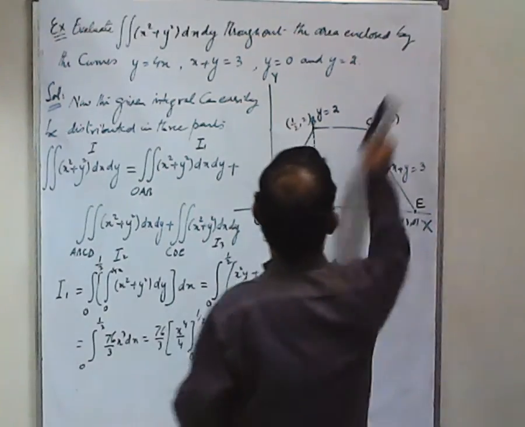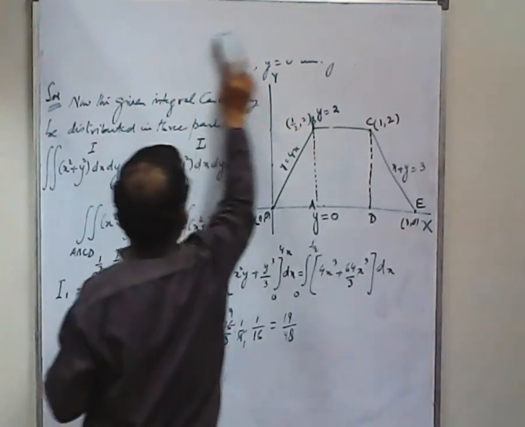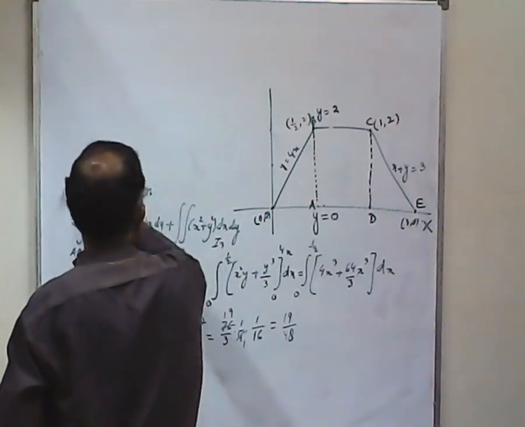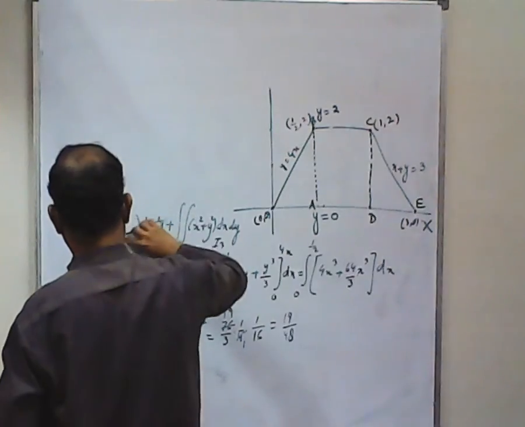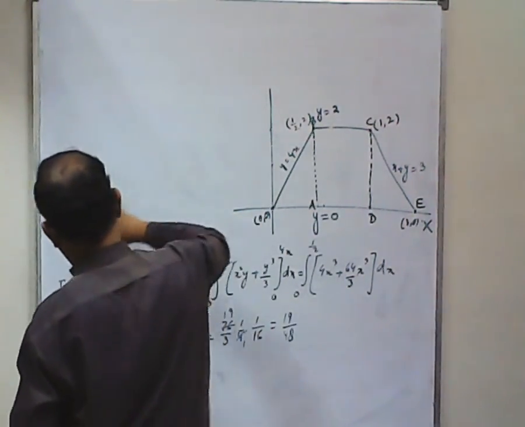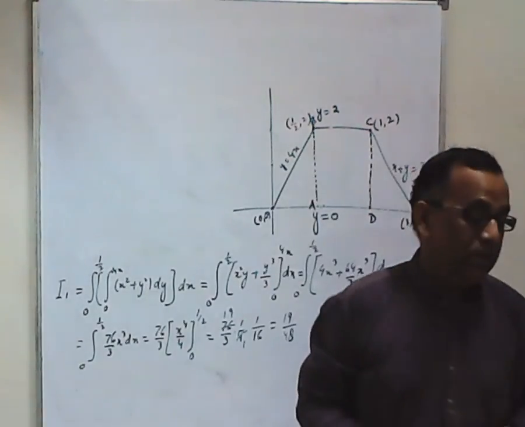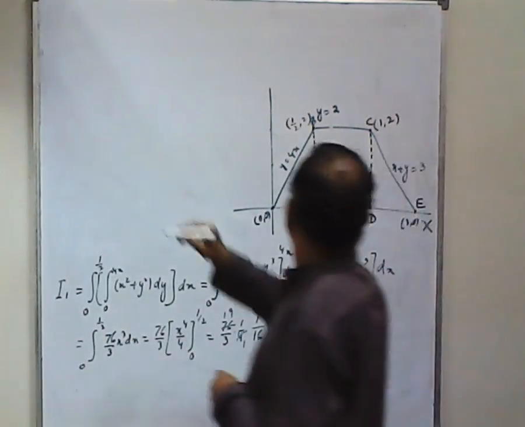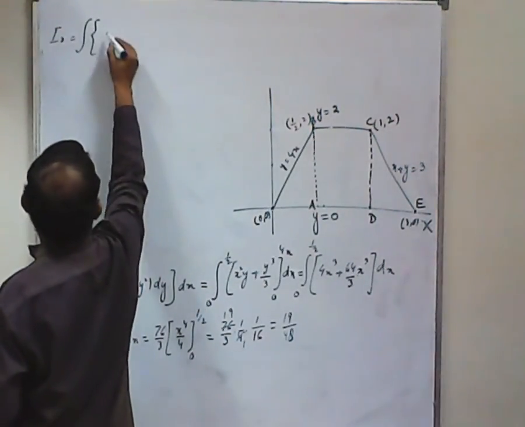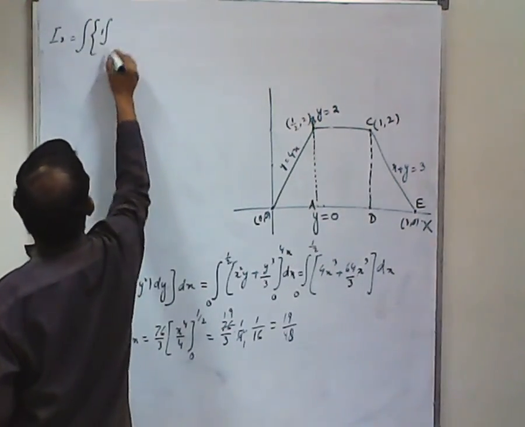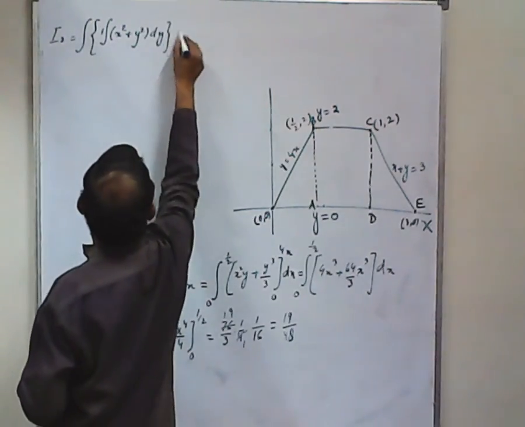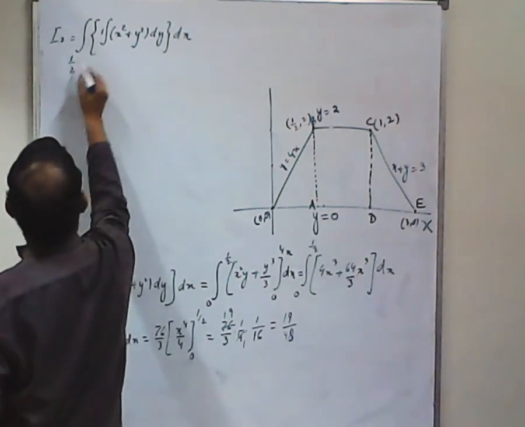Now I am removing this question from here to calculate I2 and I3, but not removing the figure, so I know the limits of I2 and I3. Now calculating I2 will be equal to the integral of x square plus y square dy dx.